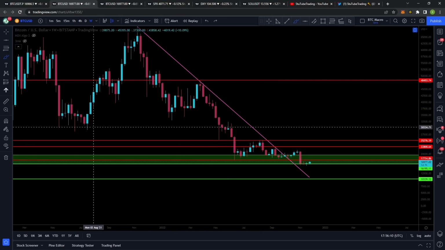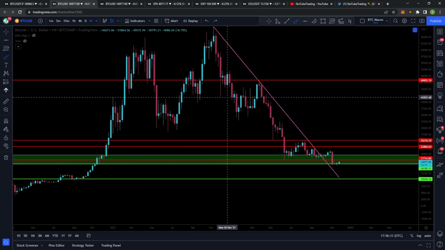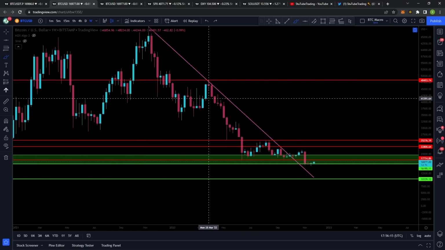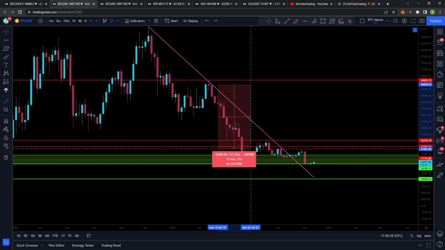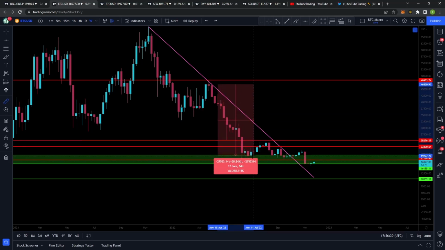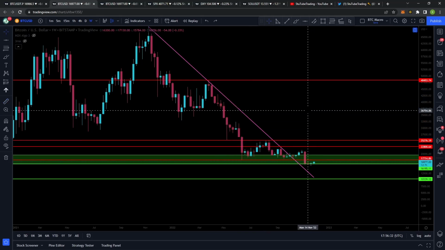I mean, yes, I absolutely think that there was technicals to go along with that sell-off there. But crazy to think how that type of a fundamental, just a car company no longer accepting Bitcoin as payment, could absolutely devastate the market and basically send us into free fall from there for about 60%.